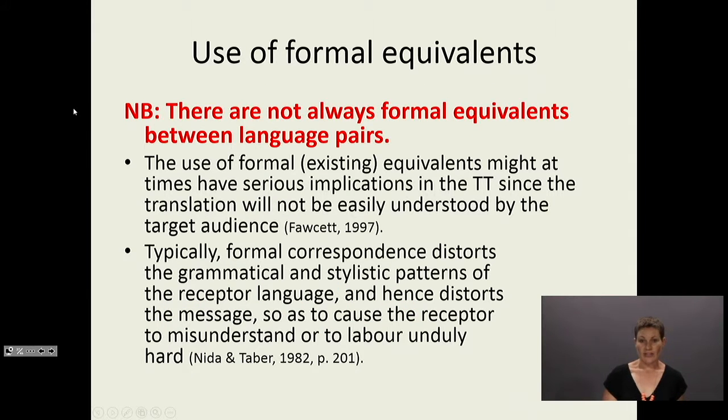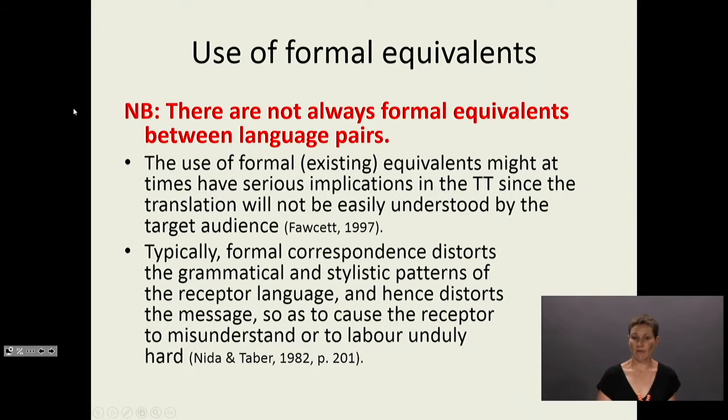Now we need to note here that there aren't always formal equivalents between language pairs, and this is something we've already discussed earlier in the seminar. So the use of these formal or existing equivalents might actually result in a translation that doesn't quite work for the target audience.